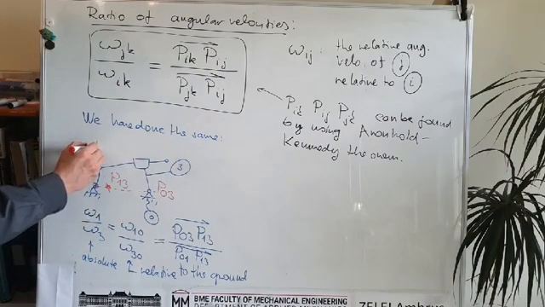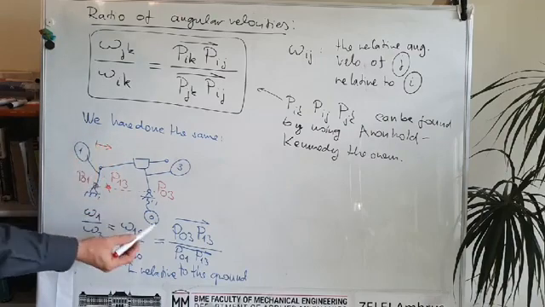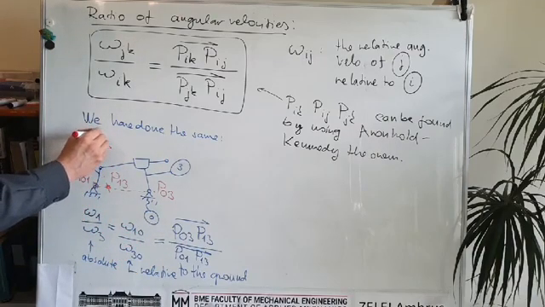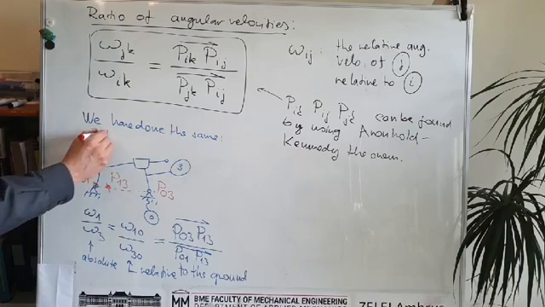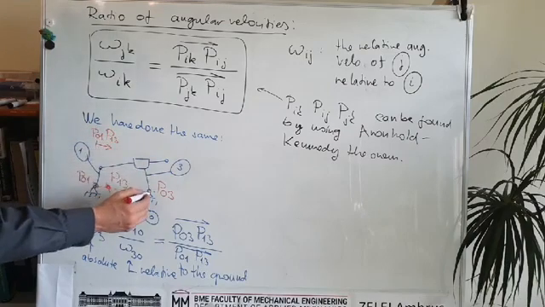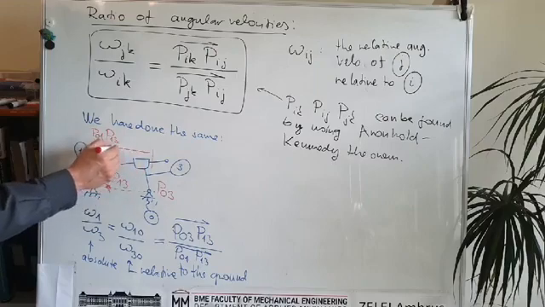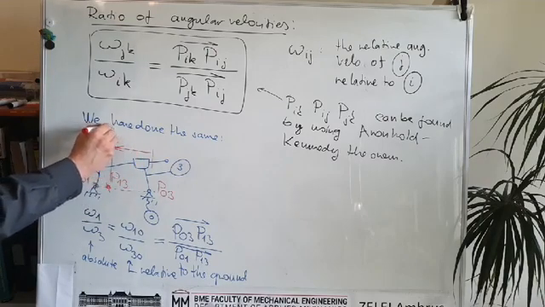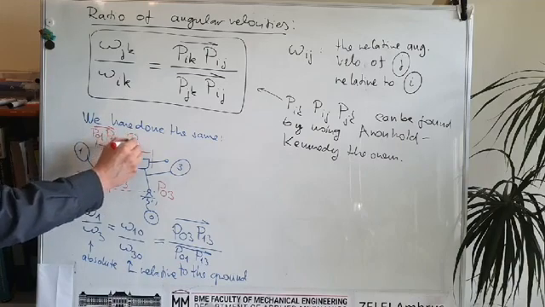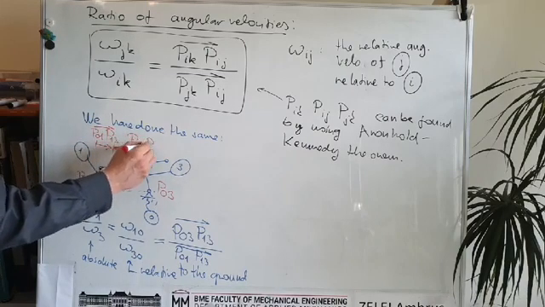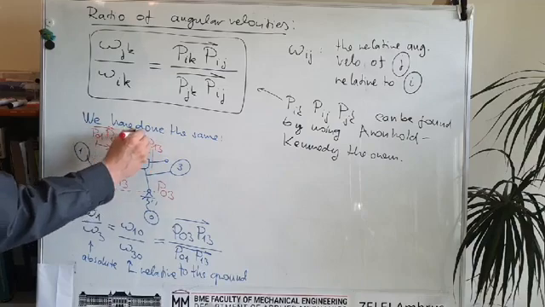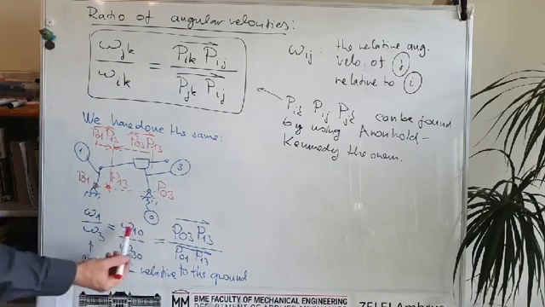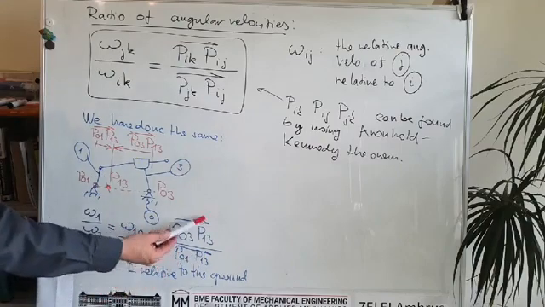So again, this distance here is from P01 to P13, and this other distance is the distance from P03 to P13, and they have the opposite sign, so therefore it will be minus something.